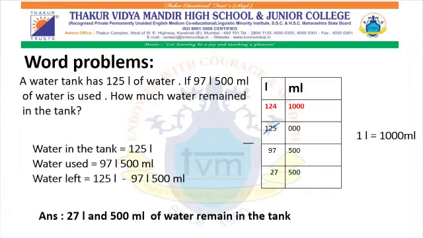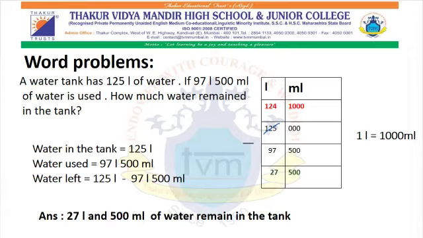So while doing the subtraction, first you will write 125 in the liters column. 0 milliliters are there, and in liters again 97 liters and 500 milliliters. Now starting the subtraction from the milliliter side. Now you know that from 0 you cannot subtract 500, right?